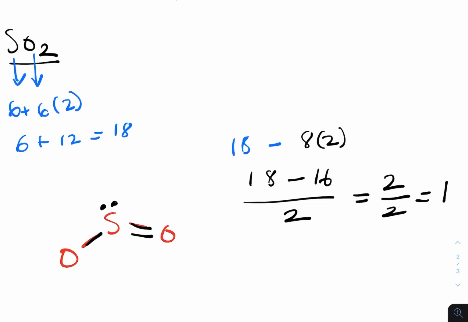That gives sulfur 8, and we can finish by leaving the electrons on the oxygen.